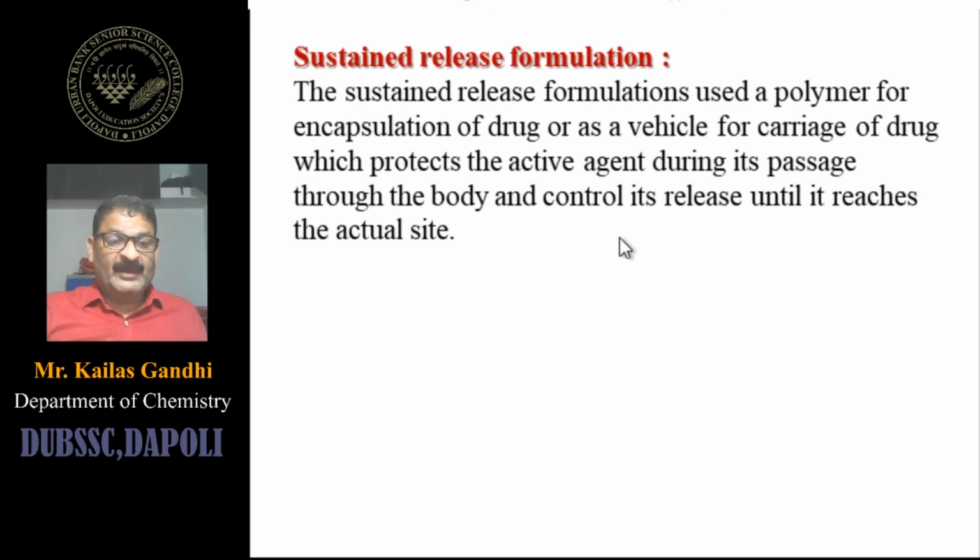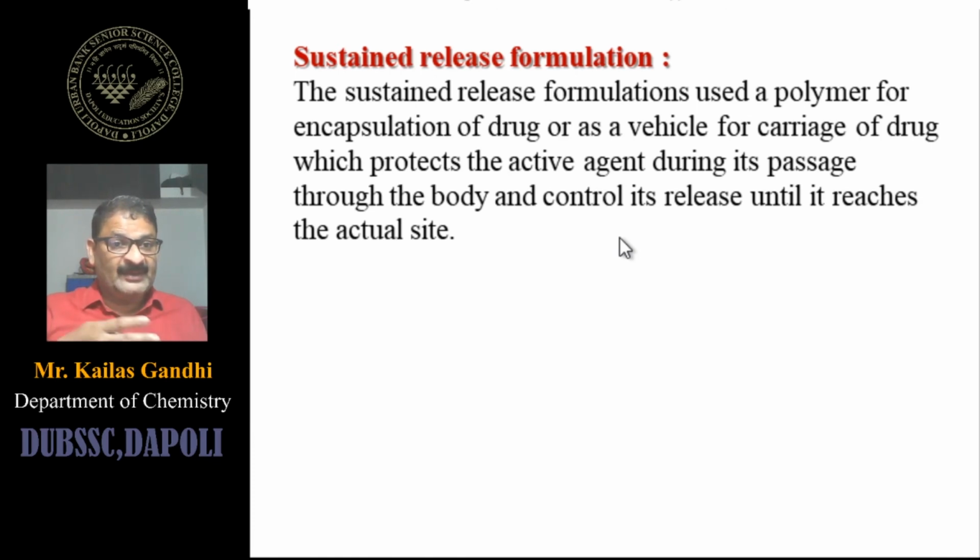But if we require the effect for a prolonged period, in that case the drug granules or capsules are used which dissolve after a specific time interval. So the first dissolves, suppose, after 15 minutes, the second dissolves after 30 minutes, the next dissolves after 45 minutes.